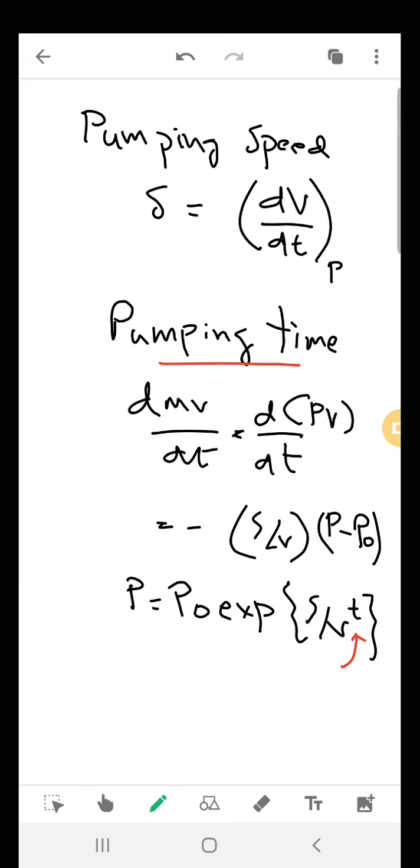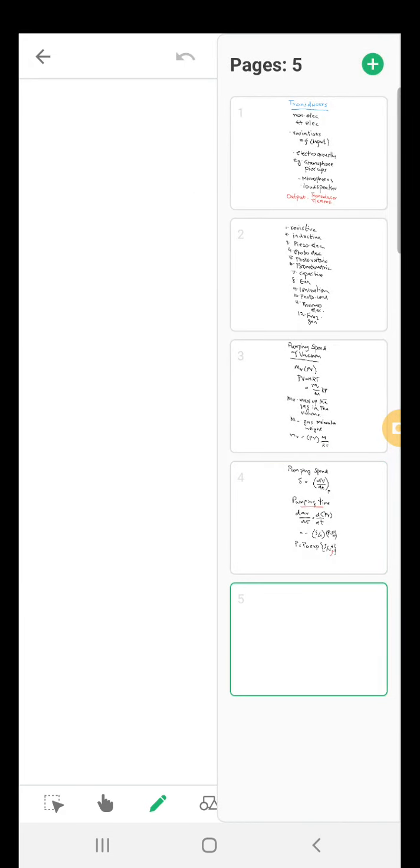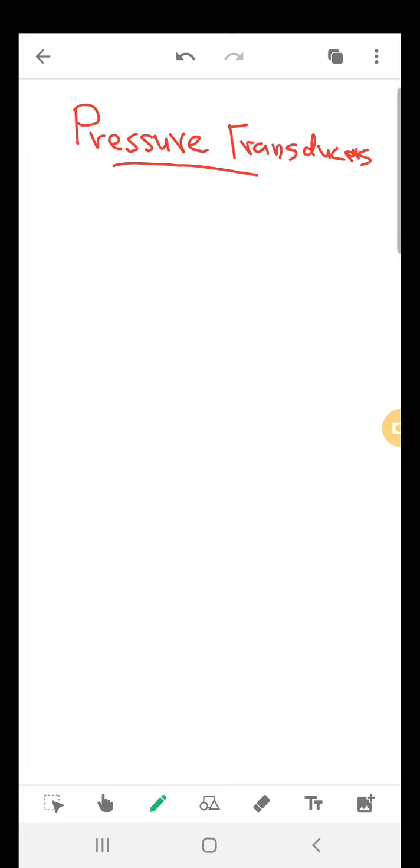Now, pressure transducers convert the physical variable pressure into electrical output.